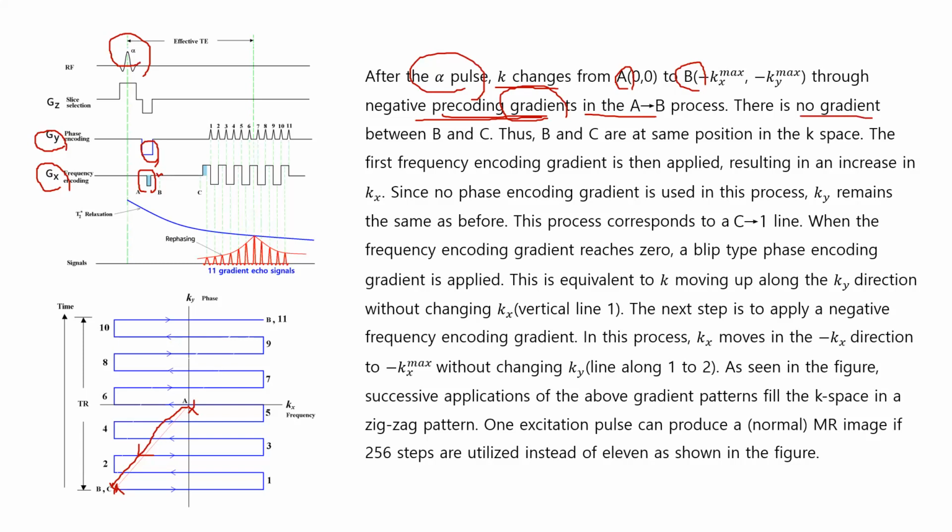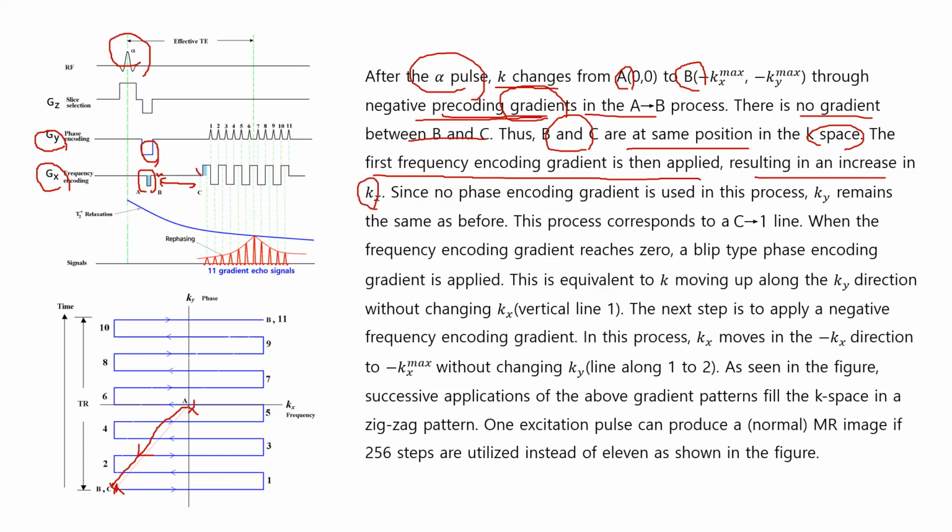There is no gradient between B and C in this interval. Thus B and C are at the same position in the K space. The first frequency encoding gradient is then applied, resulting in an increase in Kx.